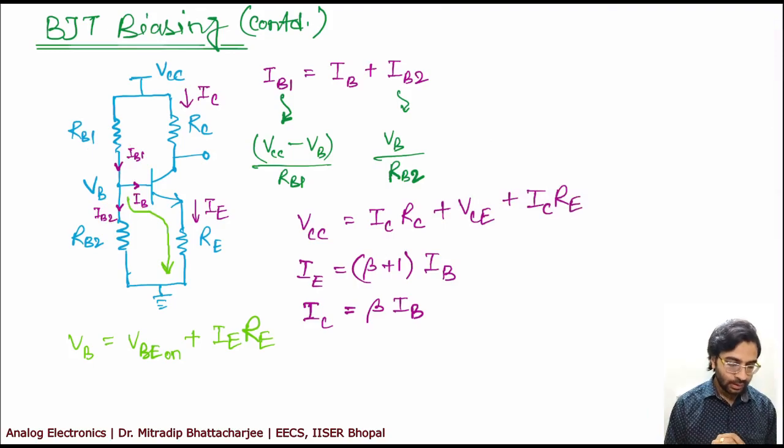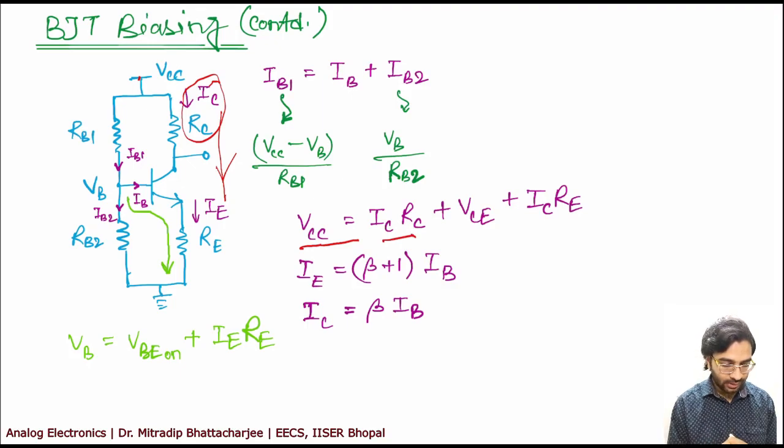So you have one equation here. Now let us take this path and apply KVL. This is IC, the current through RC, and current through RE is IE. So if we take this path, you have VCC is equal to IC into RC, the voltage drop in RC, then VCE, then IE into RE.